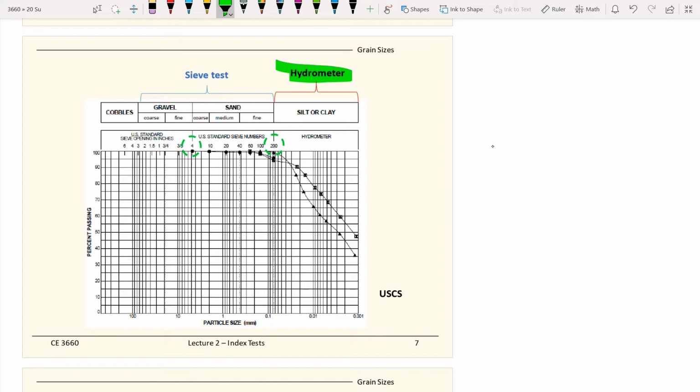So your grain size distribution curve pretty much just stops at number 200. You don't need the hydrometer test. But if you take soil samples from the field, you have clay, silt, and also sand particles. Then you run the sieve test, and whatever goes through number 200, you collect, and then with a hydrometer test you can complete your grain size distribution curve, to see at different particle sizes how much percent passes for that particular particle size.